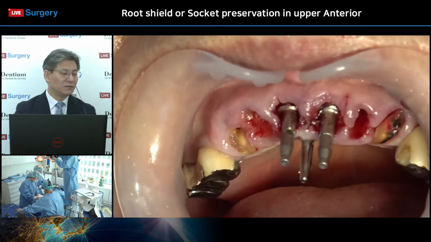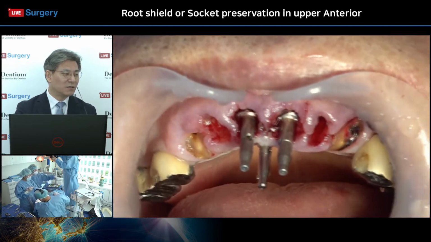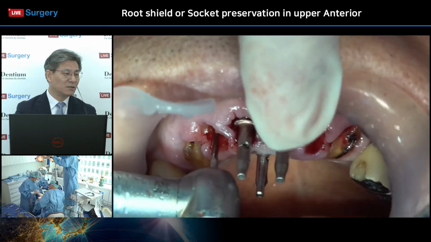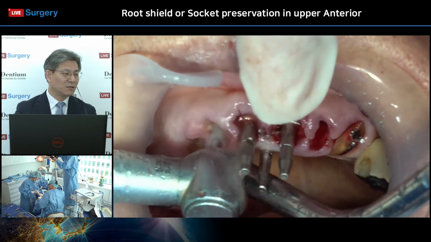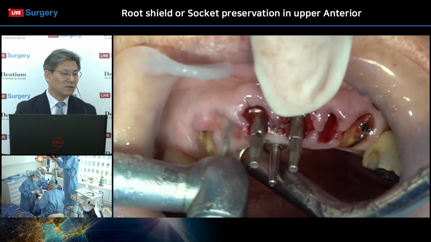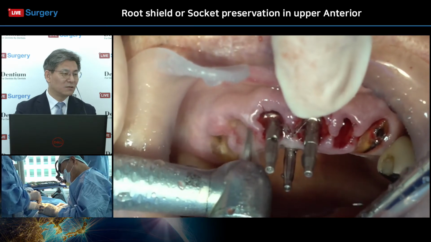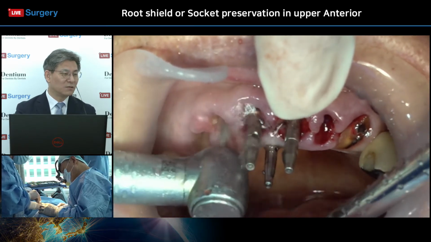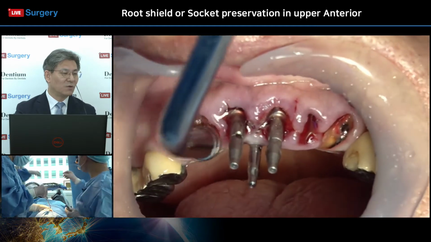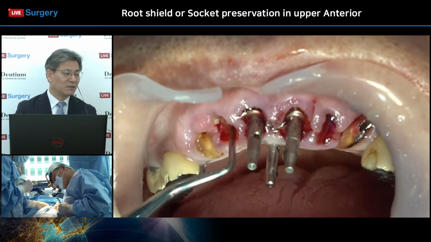Okay. A little bit more grinding out. Yeah. Slightly grinding out. Remove all the remnant of the part.